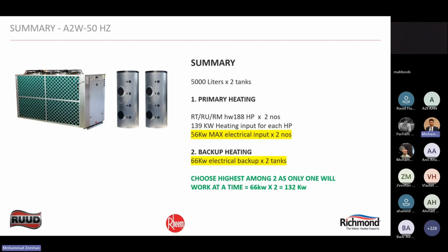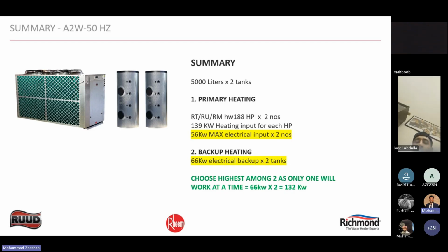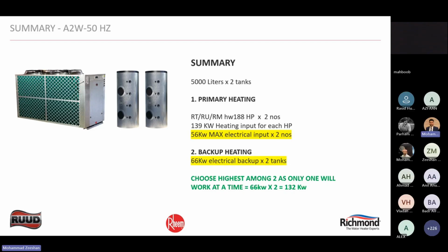Summary of our selection, as you know: 5,000 liters into 2. We have the heat pump selected as the 188 kilowatt model, 2 numbers. And then we have electric backup, which we calculated earlier to be about 65 to 66 kilowatt. Some people ask us what is the maximum connected load when you're doing an electric backup system.